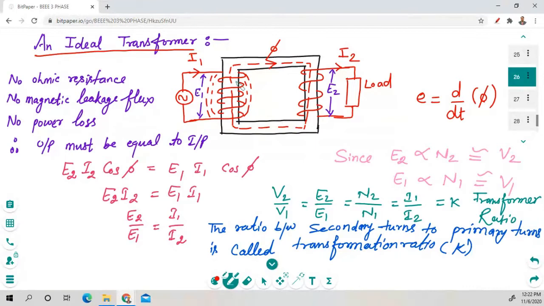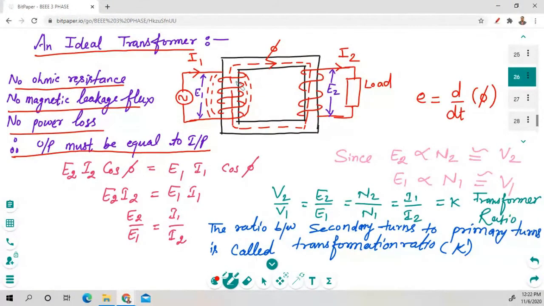When all the flux is linked with the secondary side, 100% efficiency will be achieved. As you can see, no ohmic resistance will be present, no magnetic leakage flux is there, no power loss is there. Therefore, output must be equal to the input. Okay, 100% efficiency will be generated in an ideal transformer.